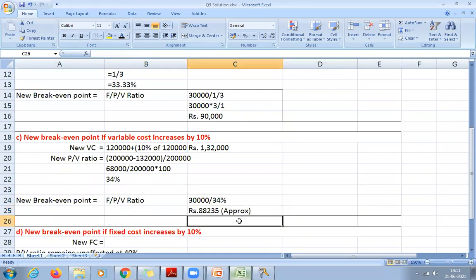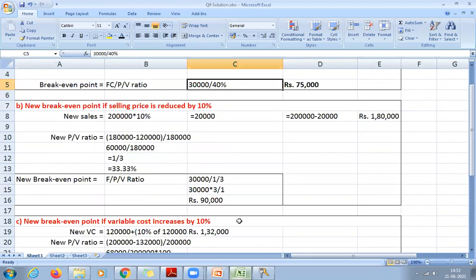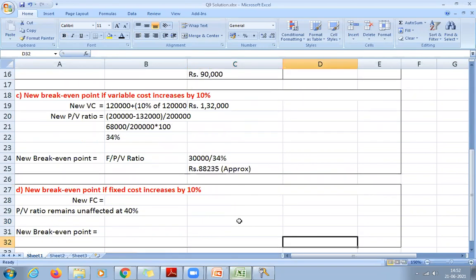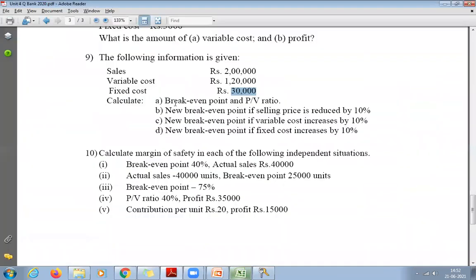Again, if you compare the first break-even point, is it increase or decrease? It will increase. Earlier it was how much? 75,000. Now because the variable cost is increasing, my break-even point also increased to 88,235 approximately.